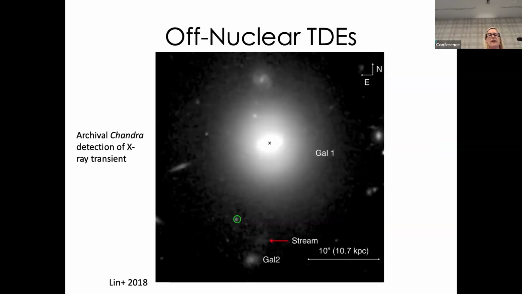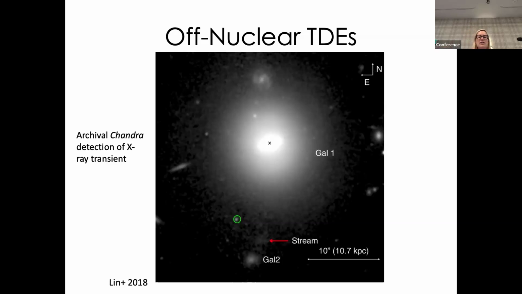There's also an entirely new development of now several examples of off-nuclear tidal disruption events. So as we look in optical surveys, we tend to specifically look at transients in the centers of galaxies. But if you open your eyes to all sorts of transients and you don't get overwhelmed by supernovae, you can start to search for tidal disruption events around black holes that are wandering in the halos of more massive galaxies.